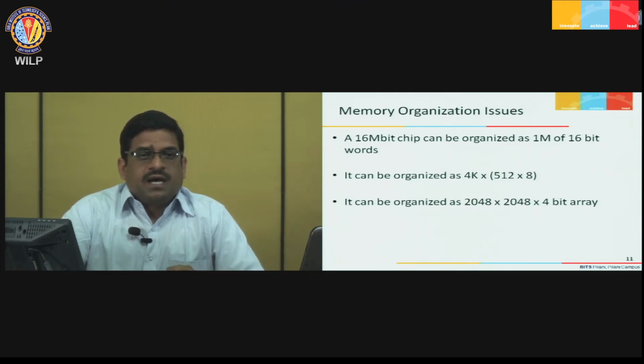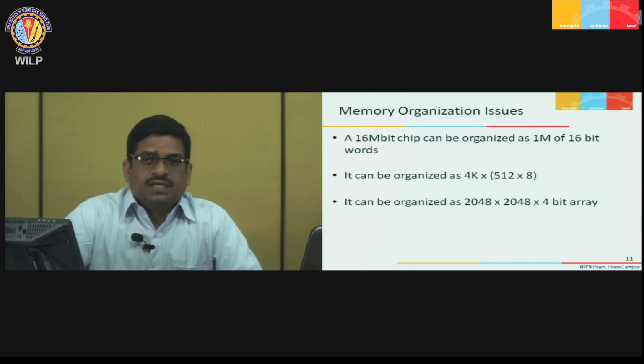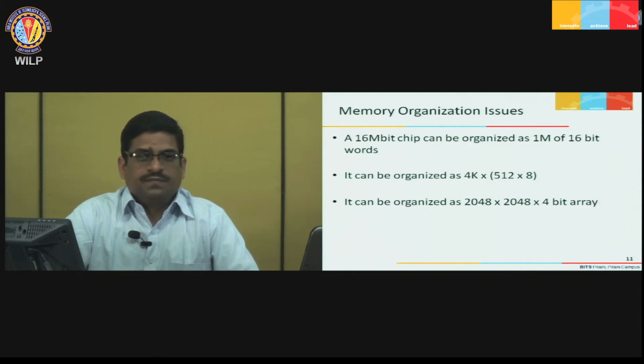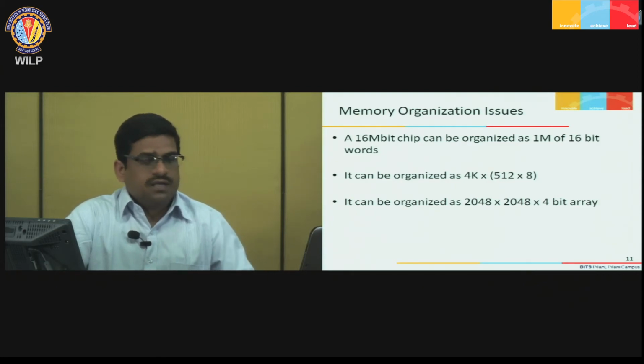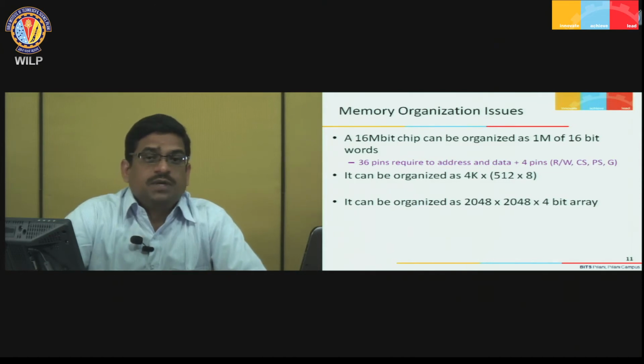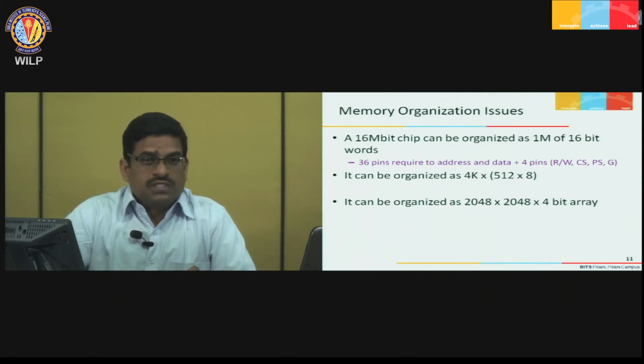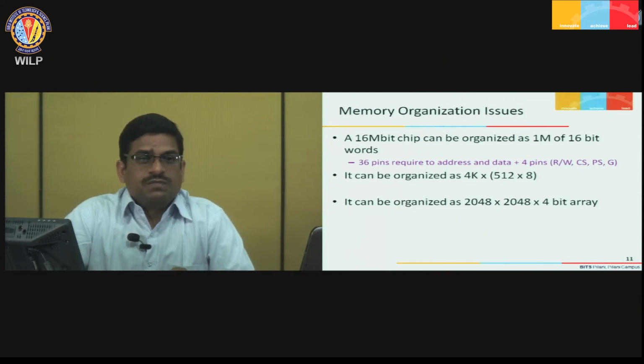Let us say one memory chip I have to organize or design, that is a 16 megabit chip, that can be organized as 1 mega of 16 bit words, means 1M into 16. So, if I am organizing 1M into 16, then how many pins are required? 1M locations, rows, and 16 columns. 1M locations means 2 raised to power 20.